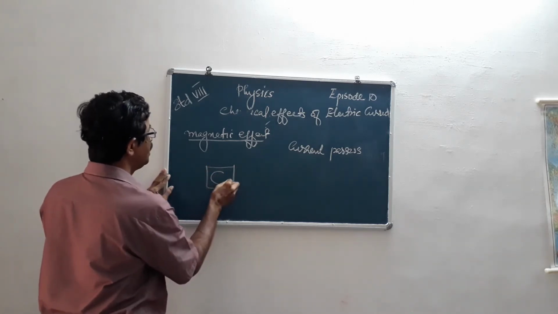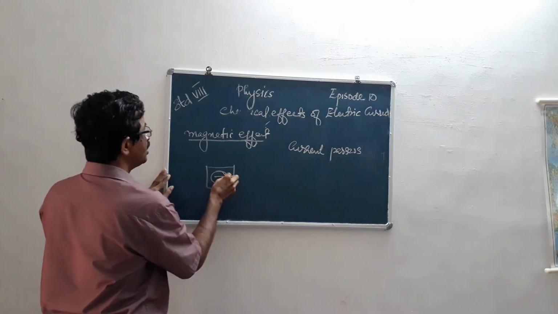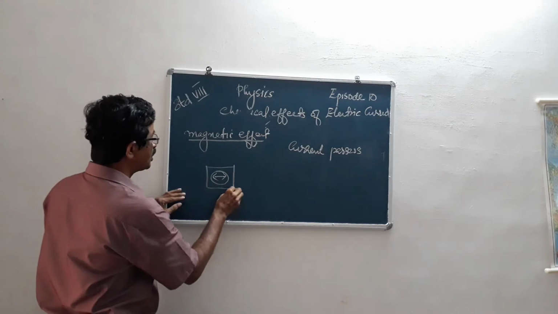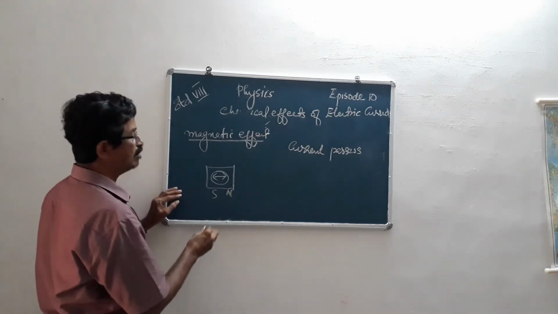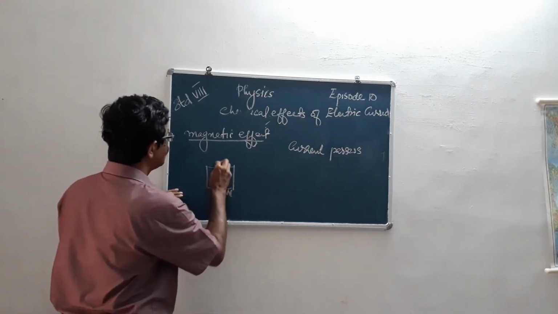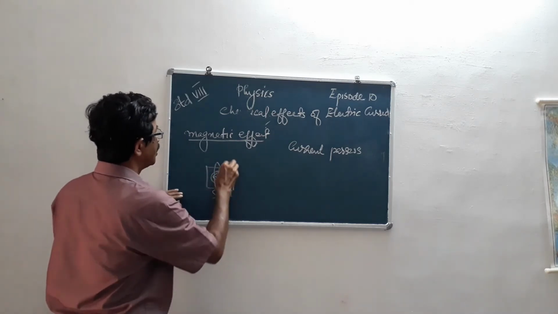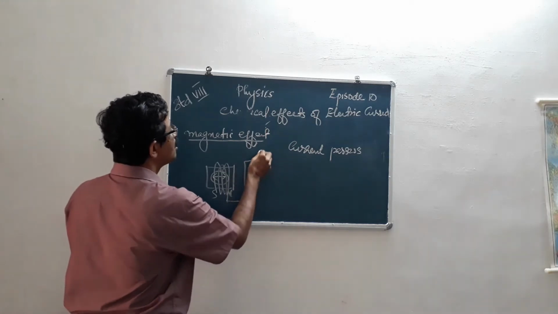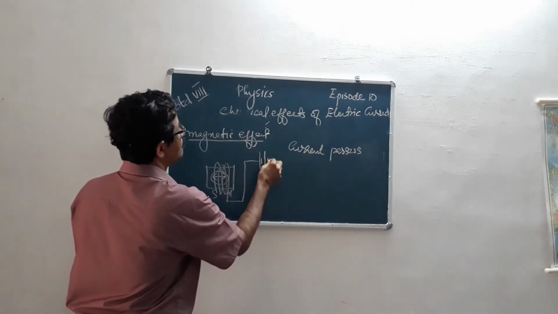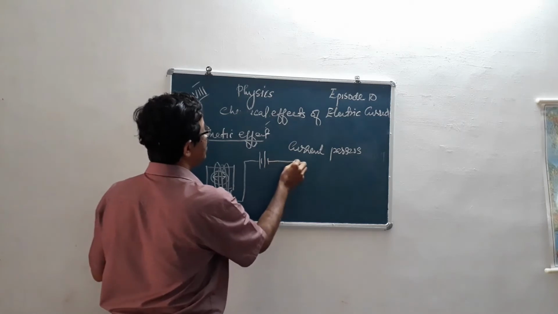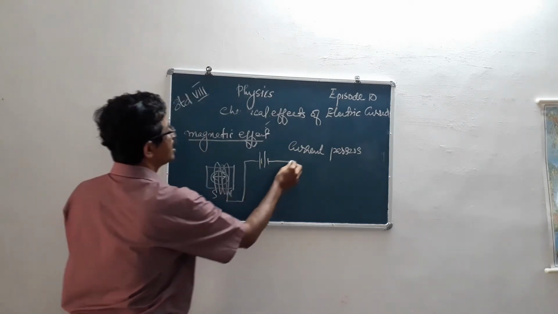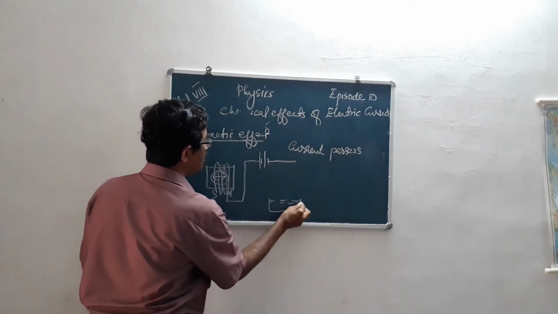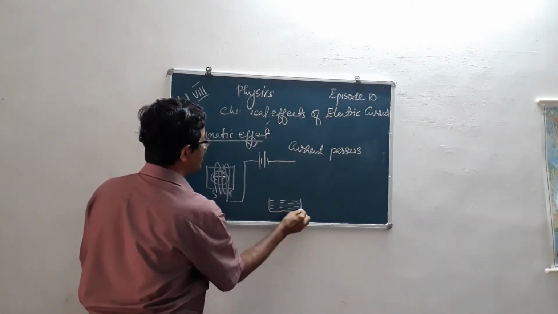Here is the compass, and we know a magnetic compass is always in the north-south direction. What we did is wind copper wire over this box, and one end of it is connected to the positive of the battery, and the negative is taken here, and here is the bottle cap with vinegar.